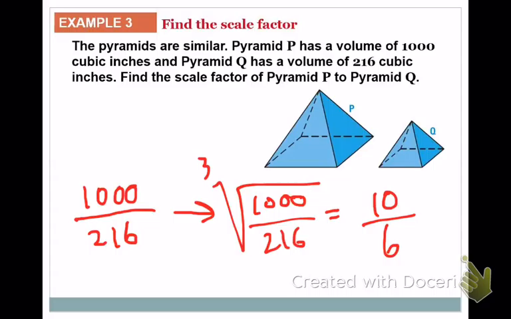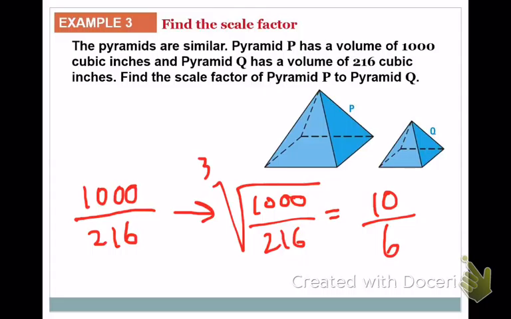Is everybody able to do cube root on their calculator? If not, I'll come around and show you. It's this one, the x with the, so you would do 3, second, that cube root of 216.